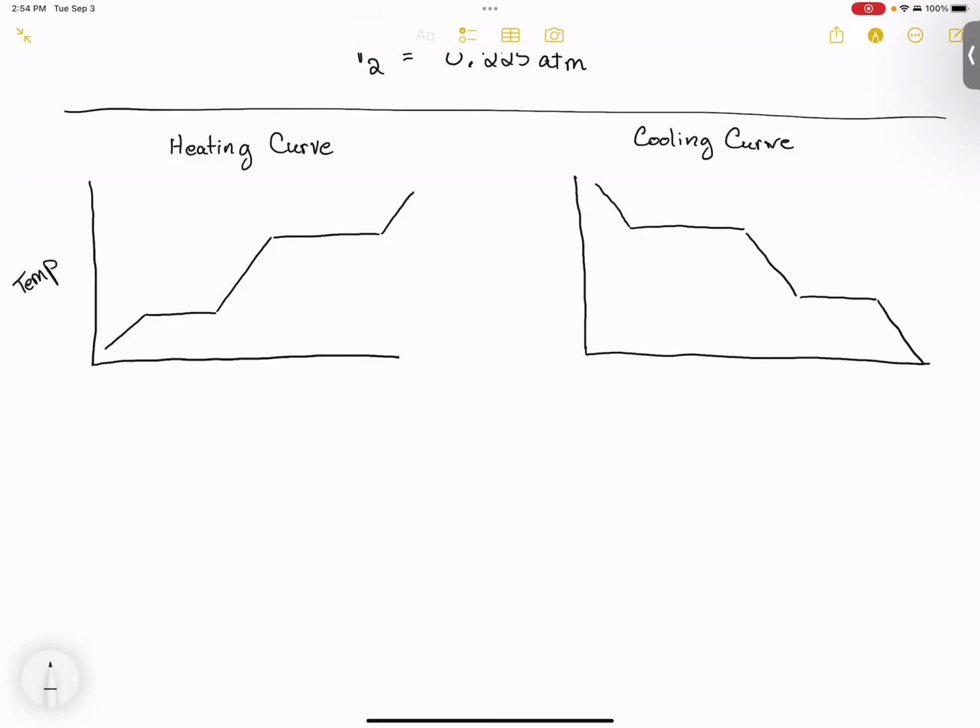The first thing that we need to describe is what these lines are associated with. These lines that are parallel to the x-axis, one of them is the melting point of the substance. The other one is the boiling point for that substance. It is true no matter whether we're talking about a heating curve or a cooling curve.